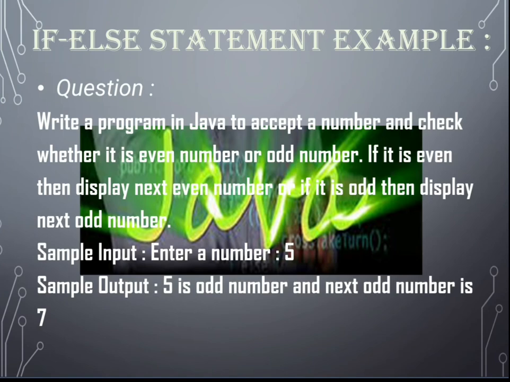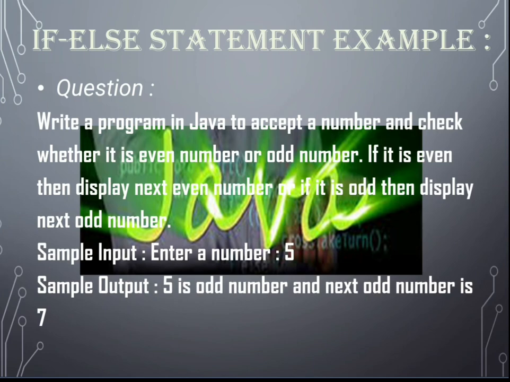Anything else regarding even and odd? Nothing. Means we are having if and we are having else. Number may be even or may be odd. If it is even, then display the next even number, or if it is odd, then display the next odd number.